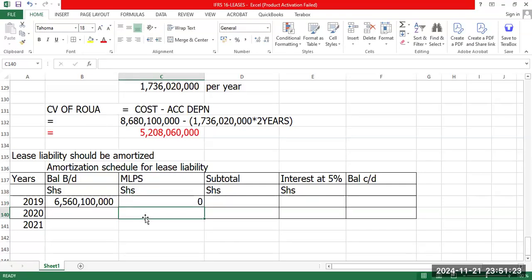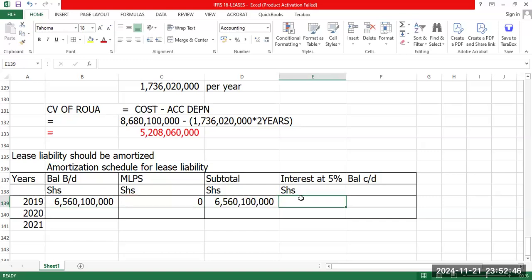It was paid in year 0. That payment was paid in year 0. We don't put year 0 here. So you need to indicate here that it is 0. So when you're dealing with this number, and the payment is made in advance, here the first year put 0, where you have a minimum lease payments. When you're getting subtotal, you get your balance brought down, then subtract minimum lease payment.